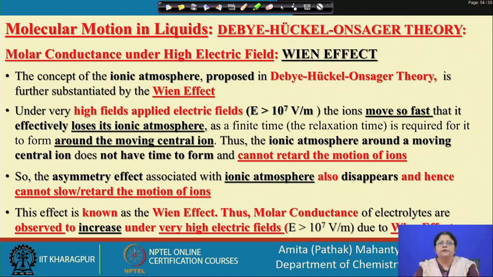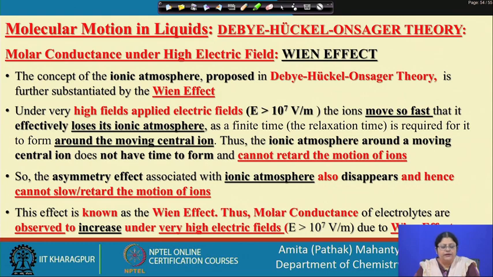What happens if the electric field is increased, because we are talking about ions moving under the influence of an electric field? The effect which we see on the molar conductance of an electrolyte when there is an increase in electric field is known as the Wien effect.